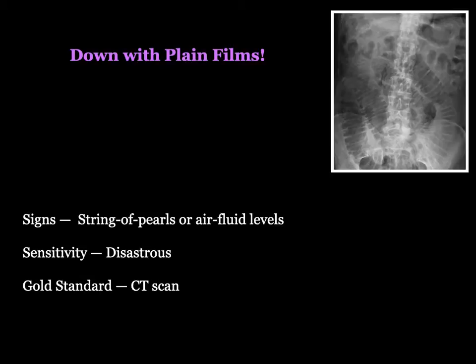The gold standard for diagnosing a small bowel obstruction is the CT scan, but I am hopefully going to be able to show you that ultrasound can be incredibly useful with both a high sensitivity and high specificity in terms of making the diagnosis of a small bowel obstruction, and that it's very easy to do.